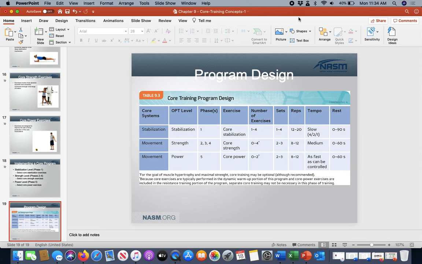Starting on page 235, it gives you four decent core stabilization exercises, core strengthening. Yeah, they have about four exercises per that you can work with, and then typically, I want to make sure because I don't want to give you the wrong information.